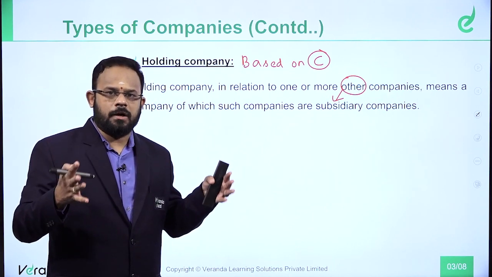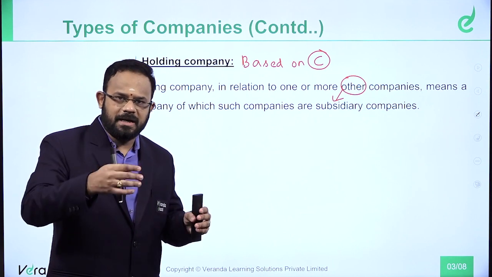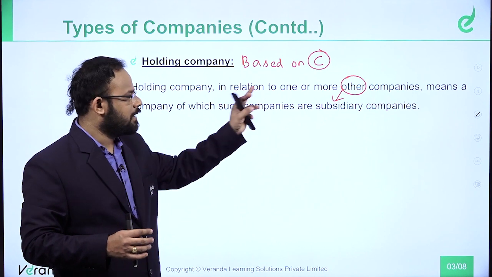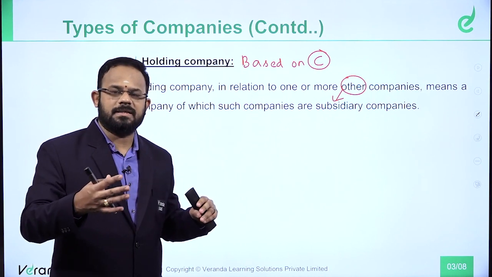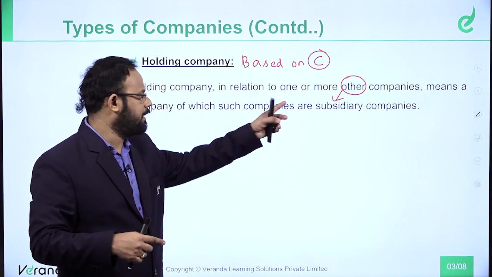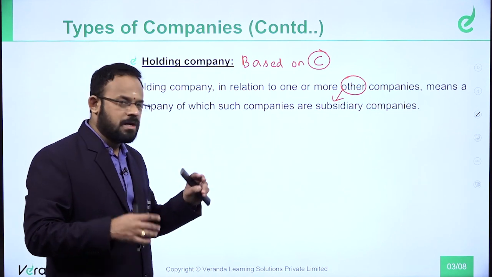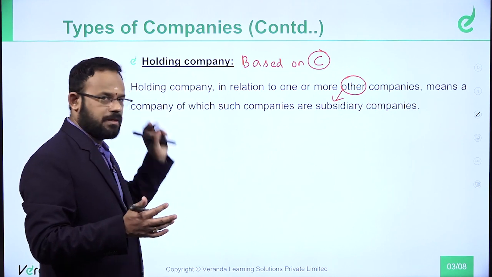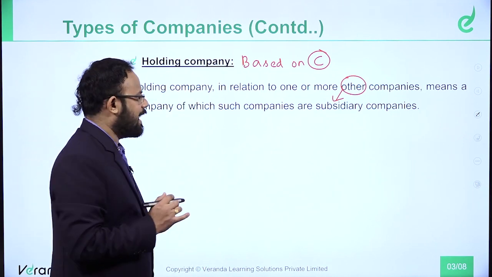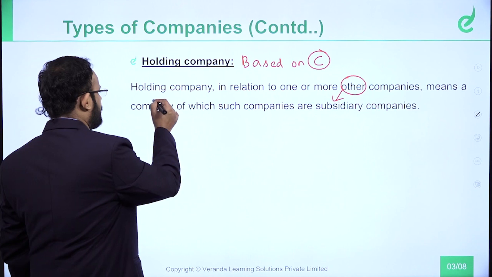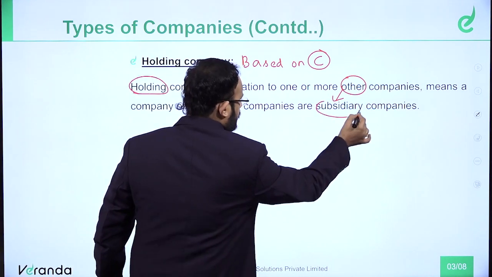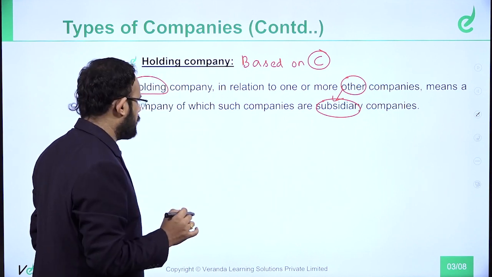Holding company is the parent company, and the companies under it are called subsidiary companies. As simple as that. So always remember, holding and subsidiary has to be connected. That's very, very important for us to know.